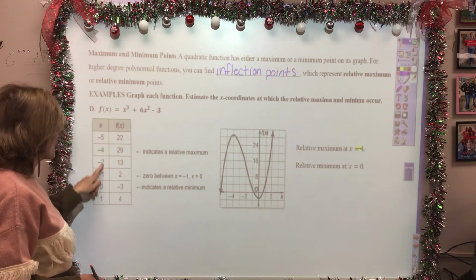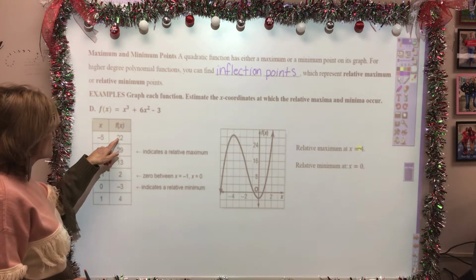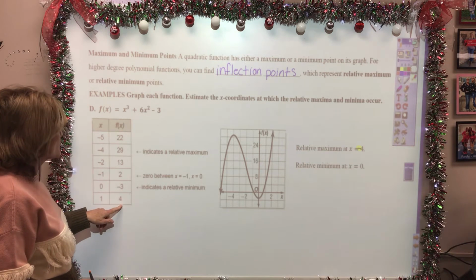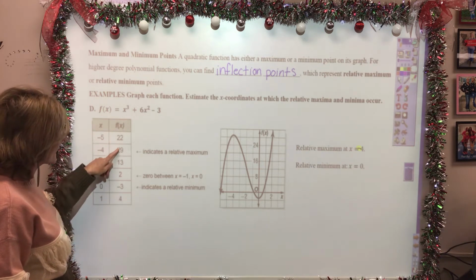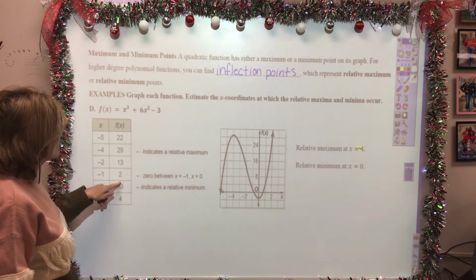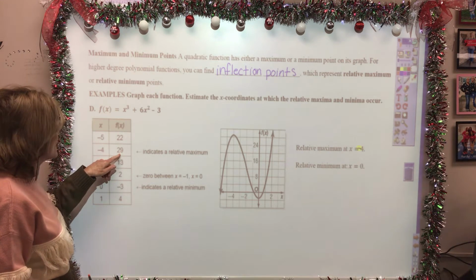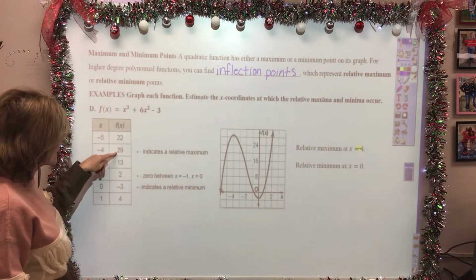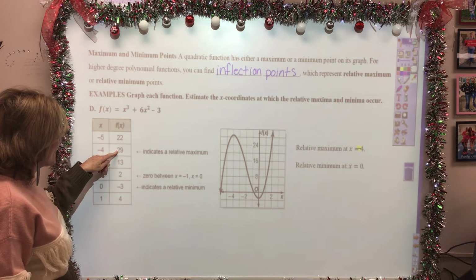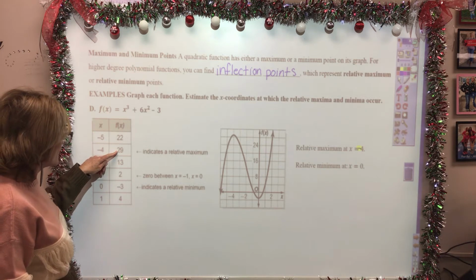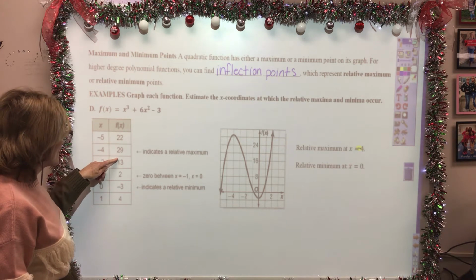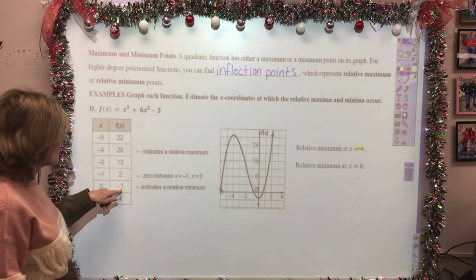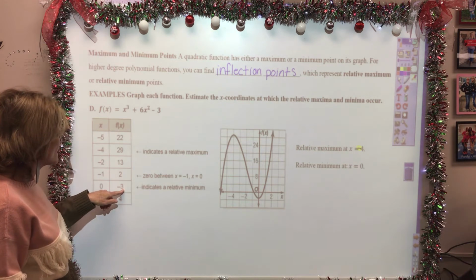So you plug in your values for x, you get your output, your values for y, and you can see from this table that there's a relative maximum at negative 429, so that's the highest number here, and then the smallest number is right here at negative 3.